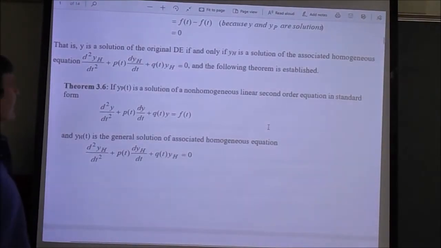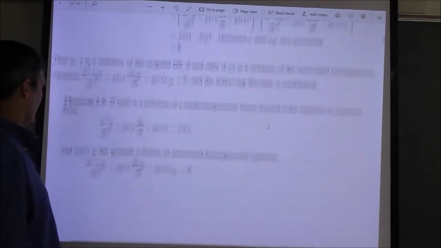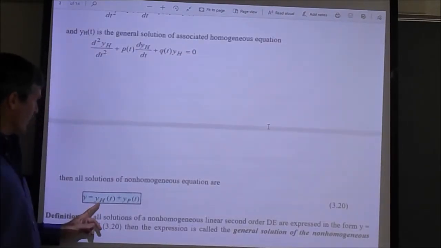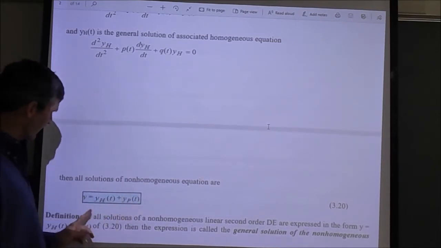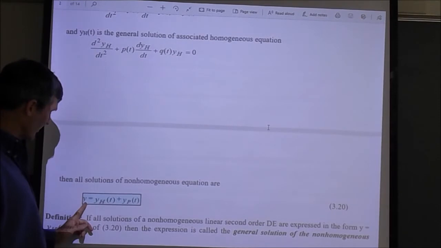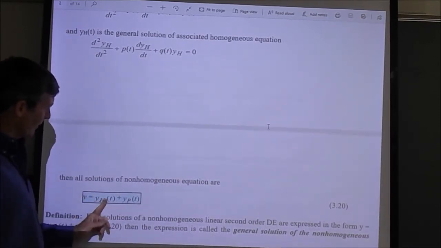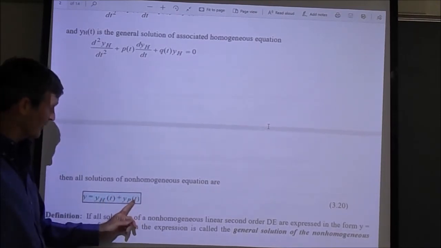Now you rewrite it in the other order and say, well, if yh was y minus yp, then we can add yp over to each side, and we find out the set of all solutions to the non-homogeneous problem is equal to the general solution of the homogeneous problem plus any one particular solution.